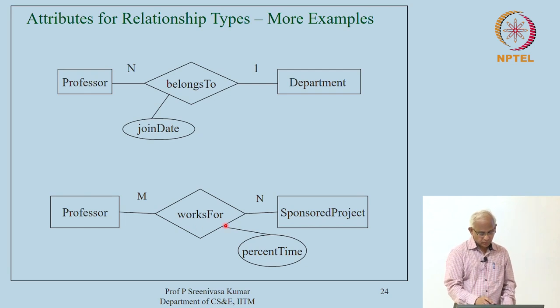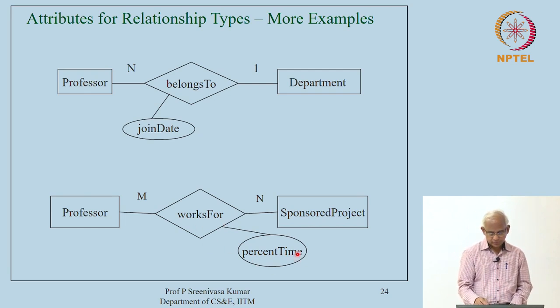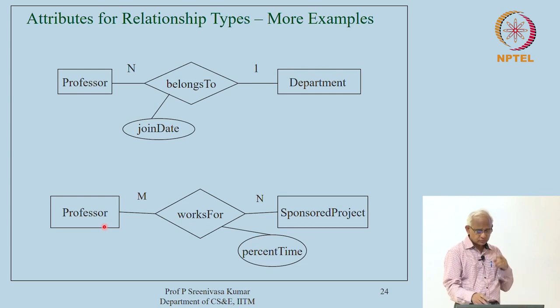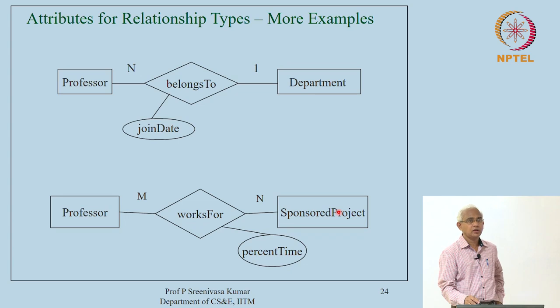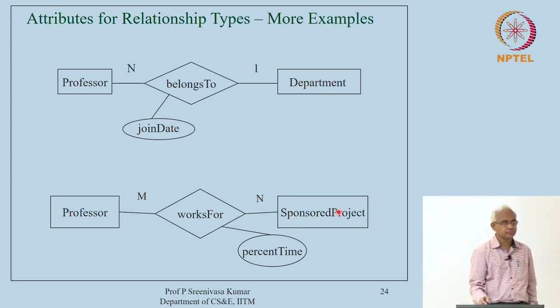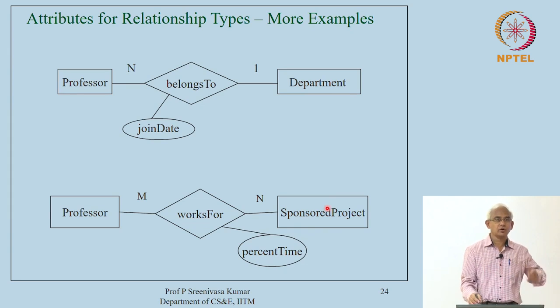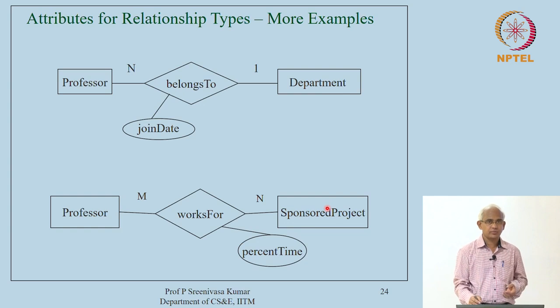Now, here is another attribute. We talked about professors getting involved in sponsored projects. So, if a professor is involved in sponsored projects, the sponsoring agency might like to know what is the percentage of time that you are going to devote to this project.